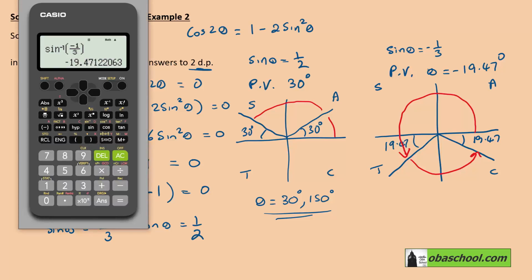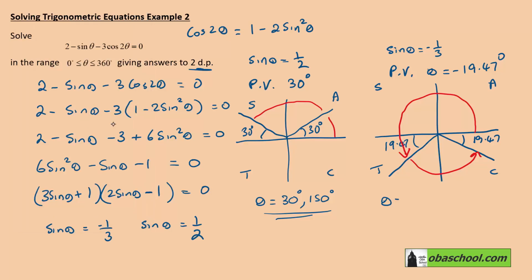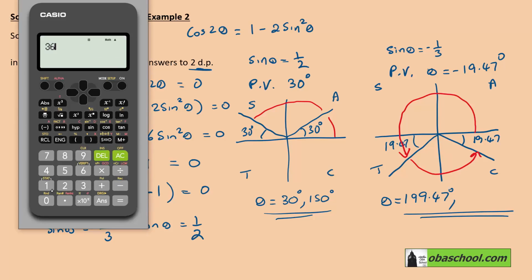So 180 add 19.47 gives me 199.47. And then we've got 360 take away 19.47, and that's 340.53.